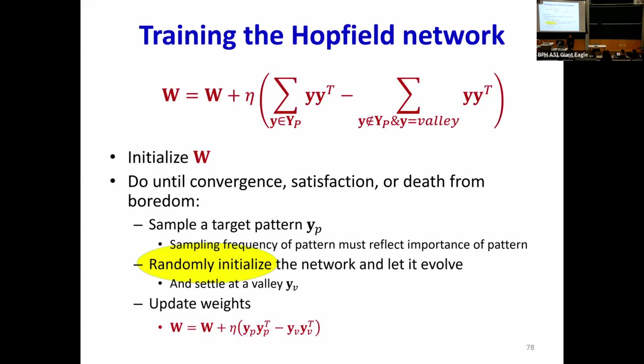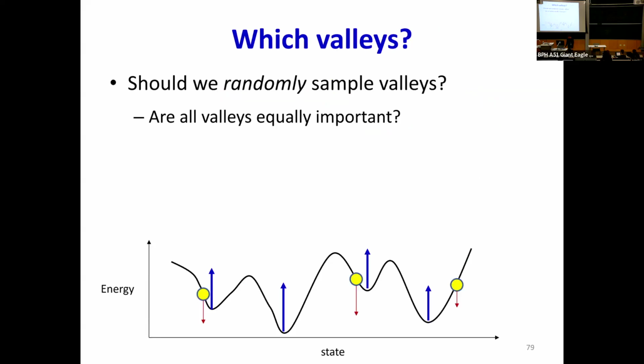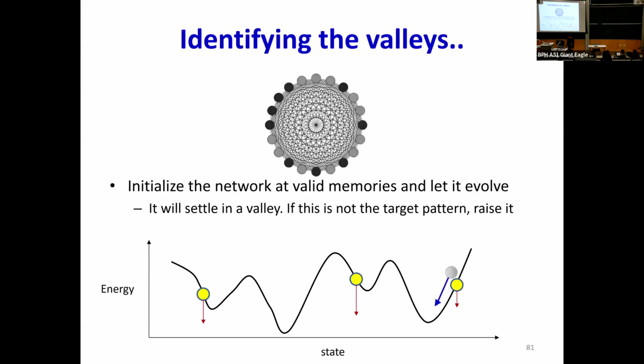If I want to consider all valleys, then I'd actually have to randomly sample, I'd have to restart the evolution each time to get to the valley. But if you're really only interested in valleys close to patterns that you're trying to store, then valleys that are far away, we don't really worry about those because they're probably not things you want to remember and you're unlikely to encounter. Okay, anyways.